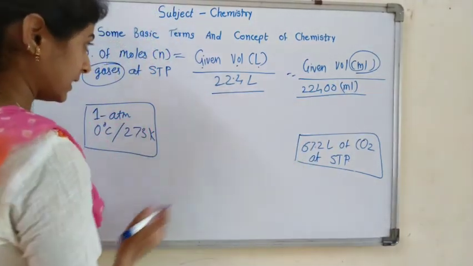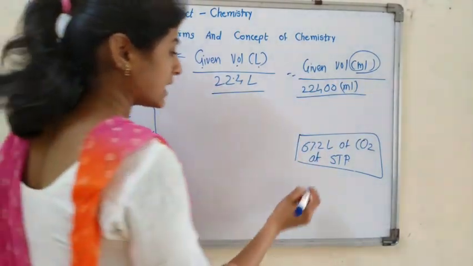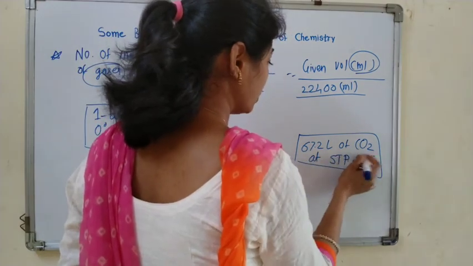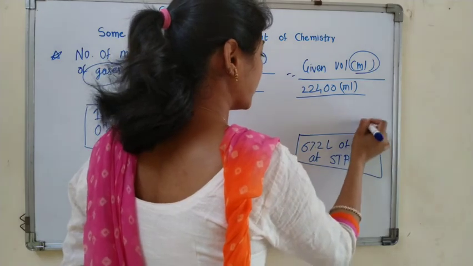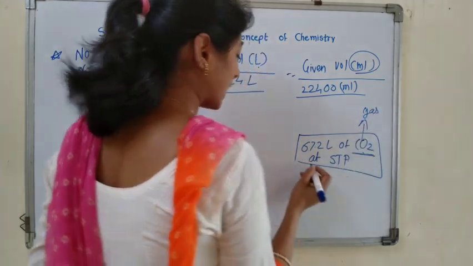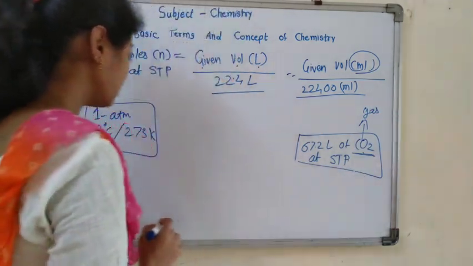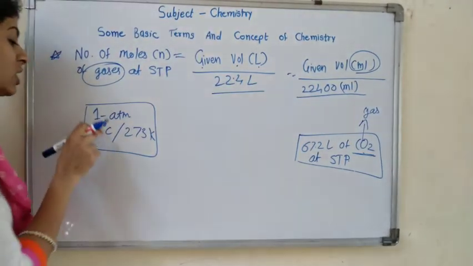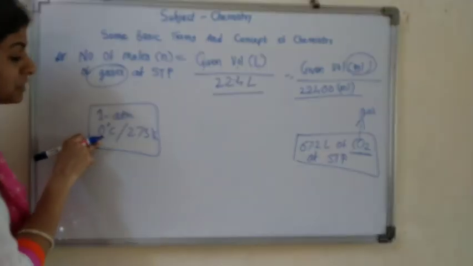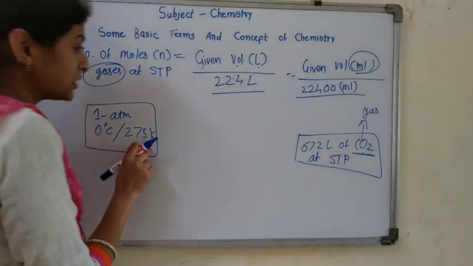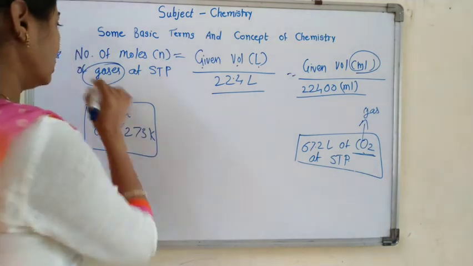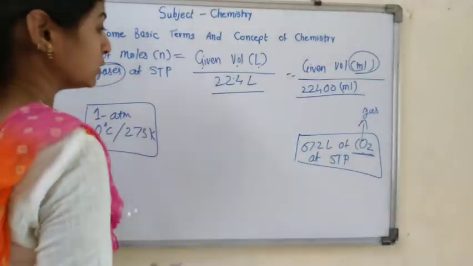So let us consider an example. If a gas has 67.2 liter of CO2, that is, CO2 is a gas at standard temperature pressure, it means the CO2 has 1 atmospheric pressure and temperature is 0 degree Celsius, that is 273 Kelvin. We have to calculate the number of moles present in CO2.